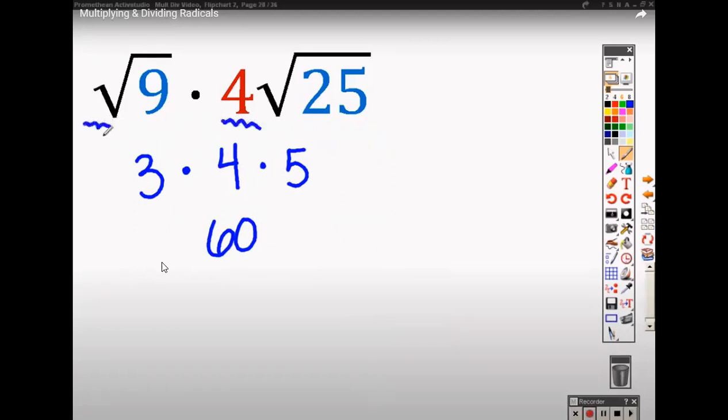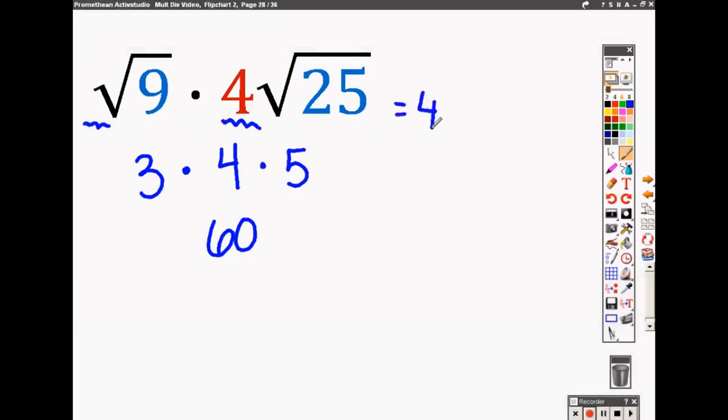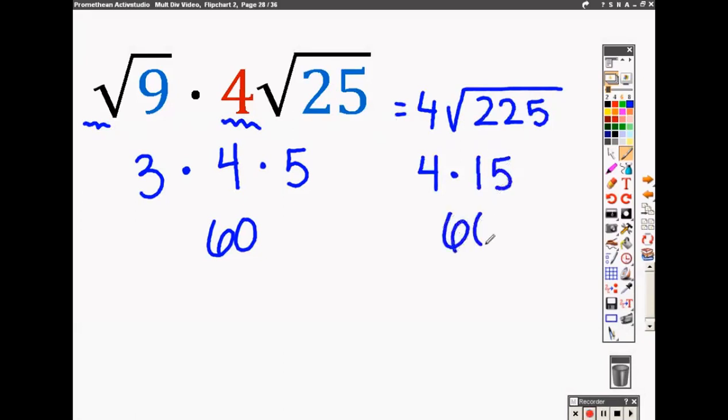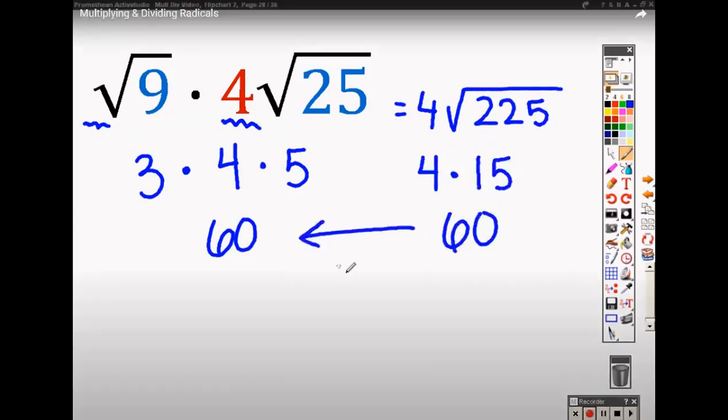Then we will imagine that before the radical sign for the first one we have 1 times square root. If you want to multiply from the beginning 9 times 25, it will be root 225. Then it will be 4 times 15, which is also equal to 60.